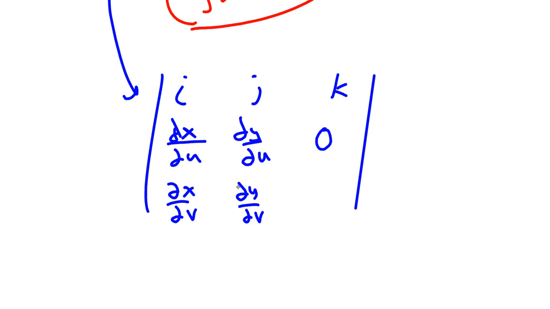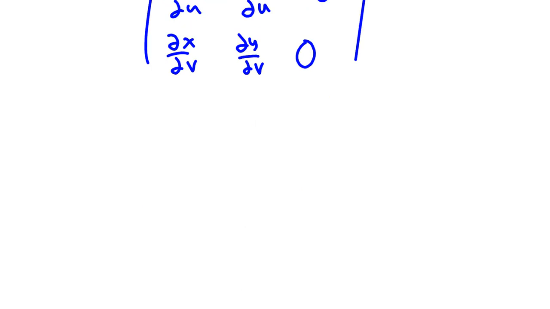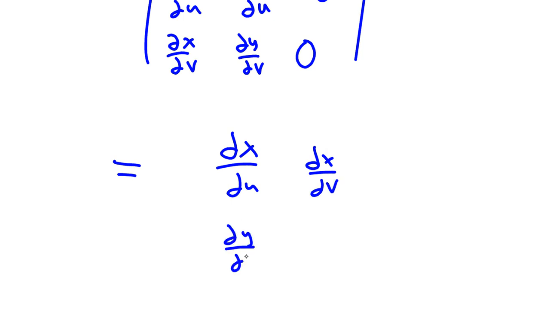And this gives you the constant by which you have to multiply. If you take the time to actually compute this, which I will spare you, here's what you end up with. If you remember how to do determinants, you'll end up with this expression: partial x partial u times partial y partial v, minus partial x partial v times partial y partial u. And there you go.